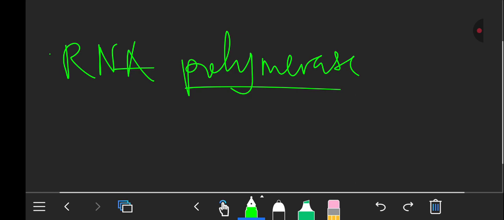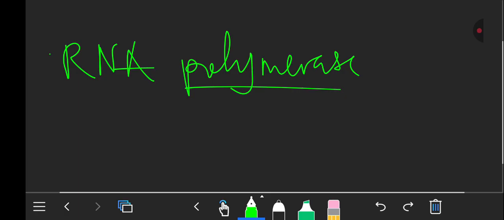So we said it is an enzyme. So this RNA polymerase binds to the regulatory sequence, and it is able now to increase or maybe decrease the conversion of mRNA.